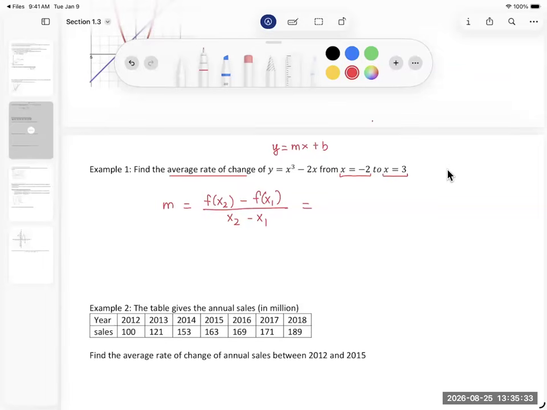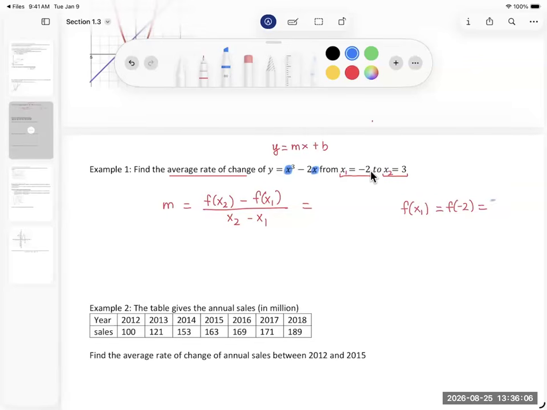So now all we have to compute, if I label this as x1 and this is x2, is the output of the function at each point. So my f of x1 is actually f of -2, and that will equal, f of -2 means I'm going to replace every x I see in my function by -2.